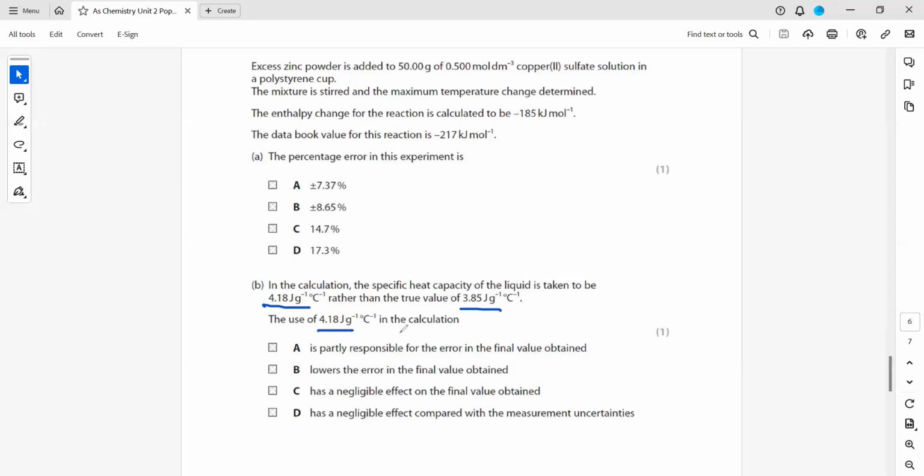If I use 4.18 in the calculation, what will happen? The data booklet value will decrease, so these two values will come closer to each other.